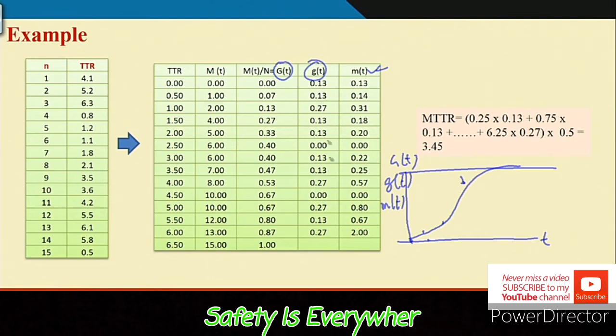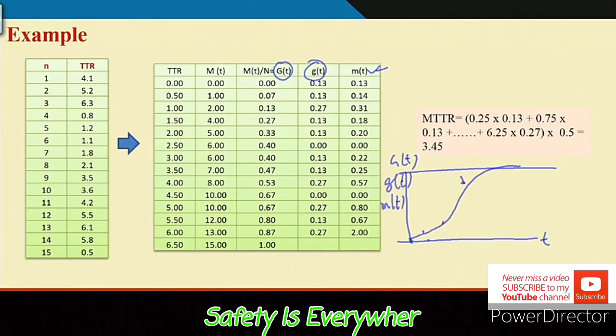Similarly, small g(t) you also plot and get some other type of curve, and hazard rate here is basically repair rate, equivalent to failure rate, and a similar curve you will be getting. Is it constant? No, here it is changing.